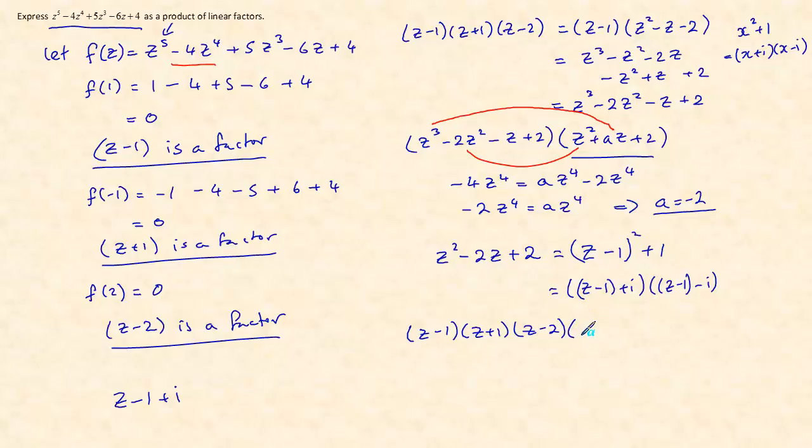Now I'd want to write that as z take away 1 take i, and then this one here is z minus 1 minus i, so I'd write that as z take away 1 plus i.